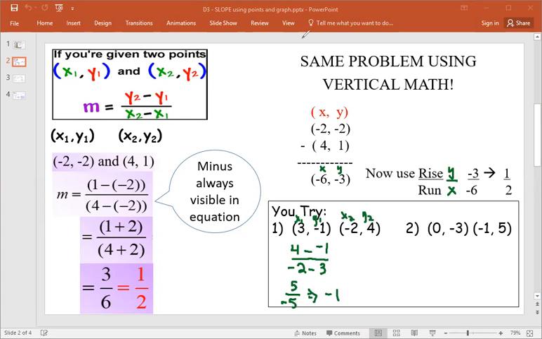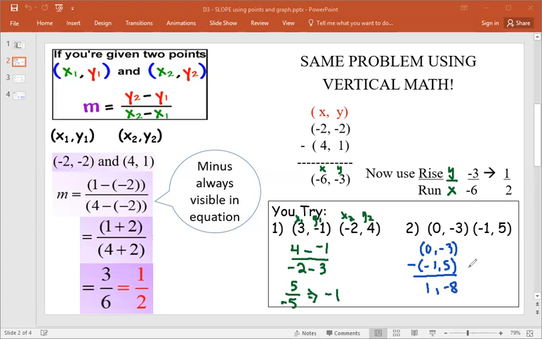All right, let's do example 2 using the vertical method. So I have 0, negative 3, negative 1, 5, and I want to subtract 0 minus the negative 1 is positive 1. Negative 3 minus 5 is negative 8.